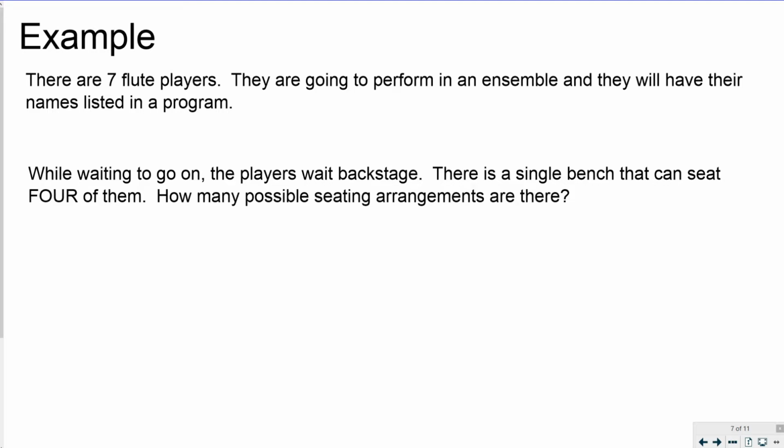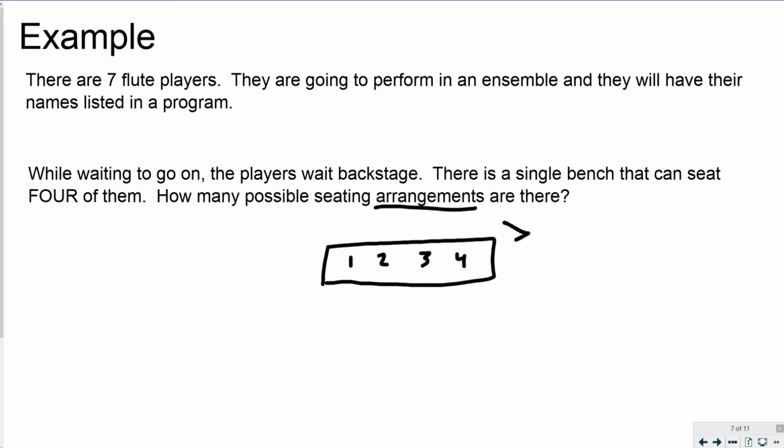Well, if you just draw out a bench and put 1, 2, 3, 4, so 4 spots for someone to sit down on, someone sitting in the 1 position is different from them sitting in the 3 position. So that's our big tell here, that order matters, and that we need to use the nPr.